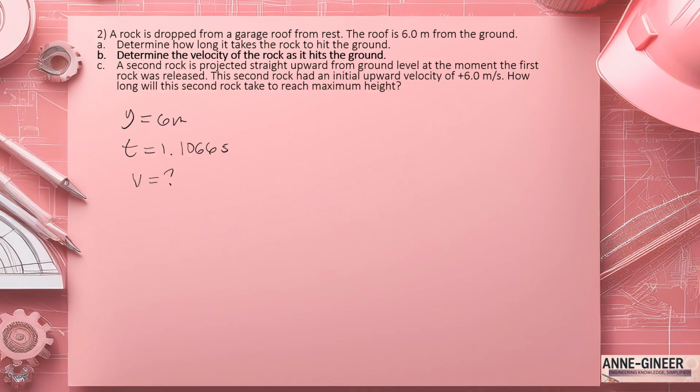We can use the first formula: v is equal to v0 plus g t. Since it started from rest, v0 is 0. So v is equal to g t, so v is equal to 9.8 times 1.1066 seconds.